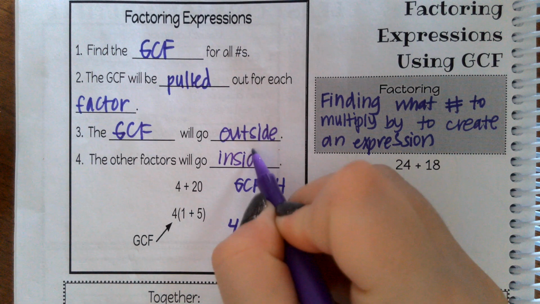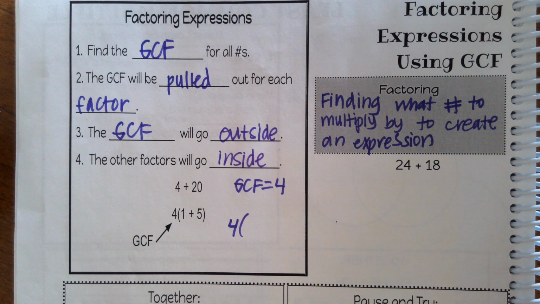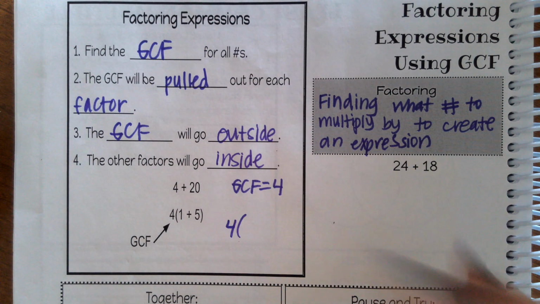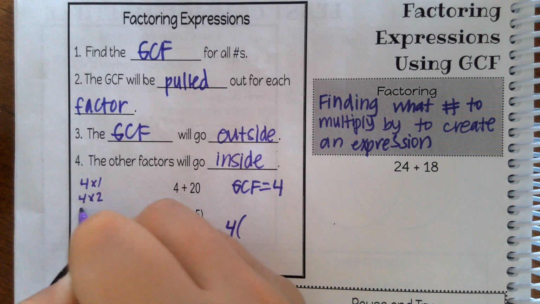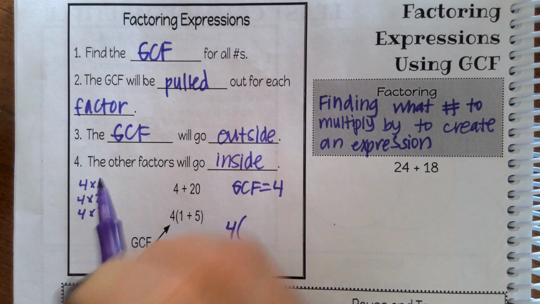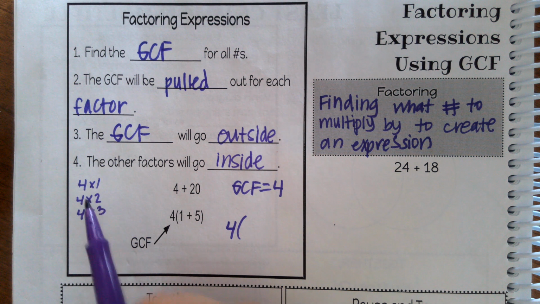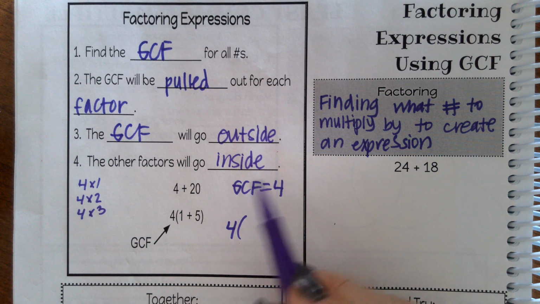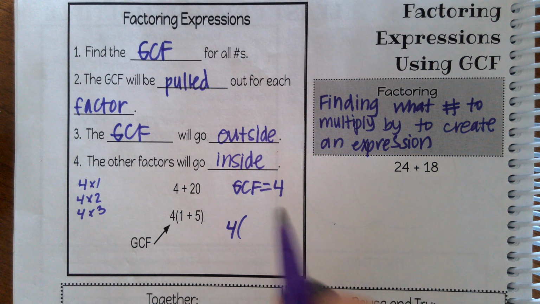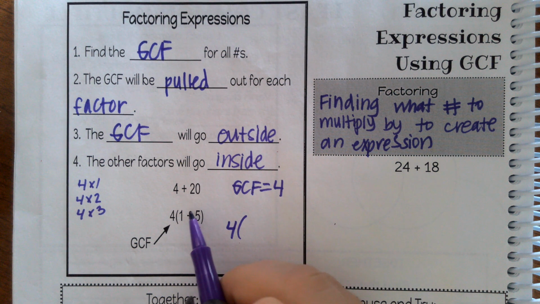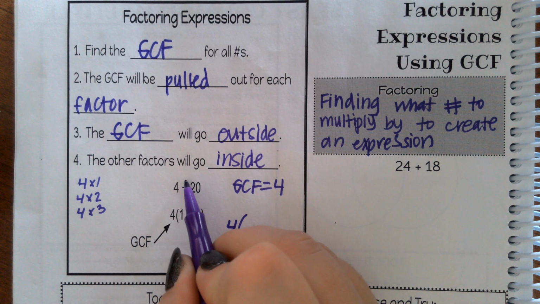Now remember, factors, it's just a multiplication problem, right? So if we have like 4 times 1, 4 times 2, 4 times 3, these are factors. So when we're pulling the greatest common factor out, we're still left with some other things here. We first have to look at the sign.